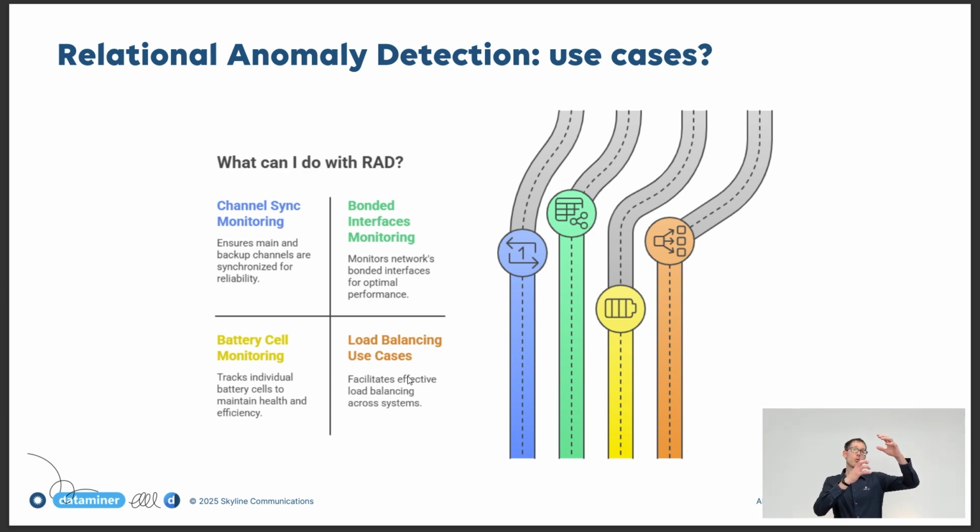When there's a low load, then both of the interfaces should show a low load. But what you cannot have is that one of the interfaces has a high load and the other one has a low load. Because then the parameters are no longer in sync. They should always be kind of equal to each other. So this is a perfect use case for relational anomaly detection.